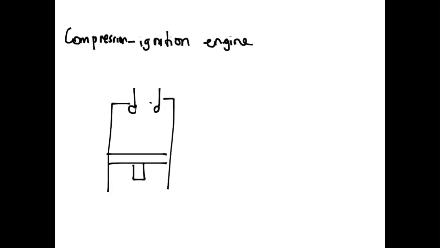Another type of engine is the compression ignition engines, where you're going to compress it to a temperature which is higher than the temperature of auto ignition, and thus you don't need an external spark or an external source in order to perform the combustion, because it will ignite by itself due to this situation.